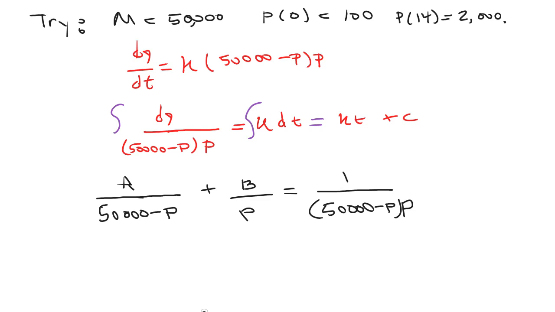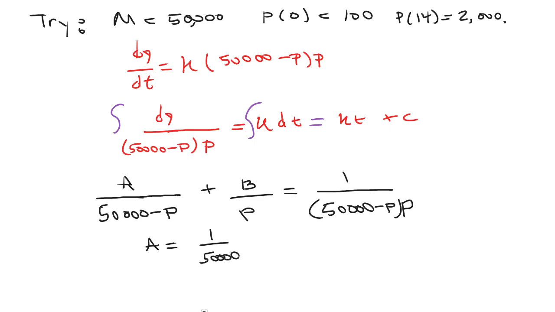Now, in any case, if you were to use your go-to method of partial fraction decomposition, you should figure out that A is going to be equal to 1 over 50,000.